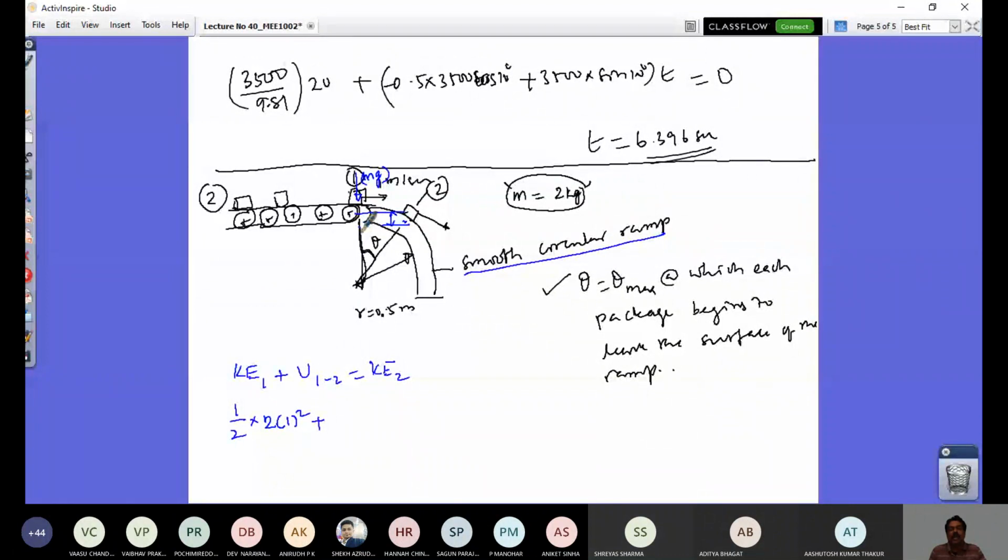So it is 2 into 9.81 into r minus r cos theta, right? R minus r cos theta, and that's equal to half into m into v2 square. So m is 2 here.